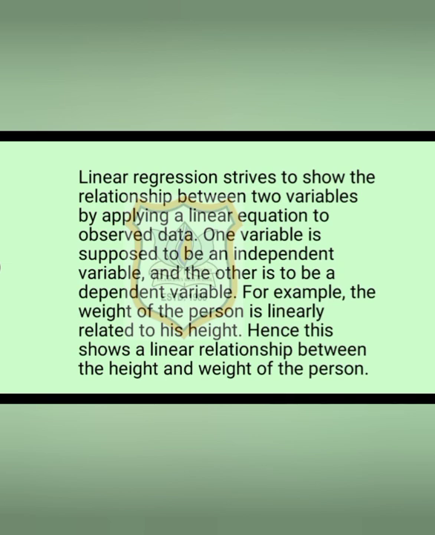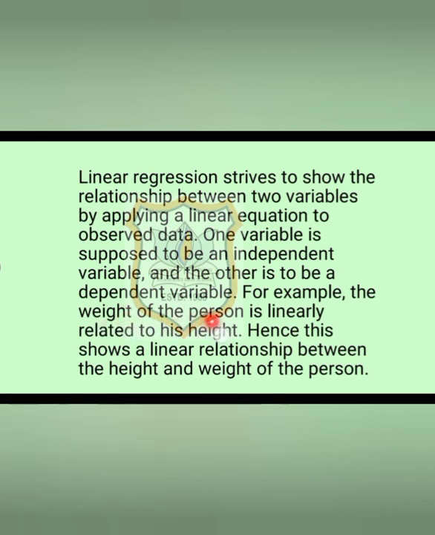Independent variable means its value can be chosen anything. That means its value does not depend on other things. The second one, that is dependent variable, means the value depends on the other variable, and only from the value of the first one we are able to find the second value.